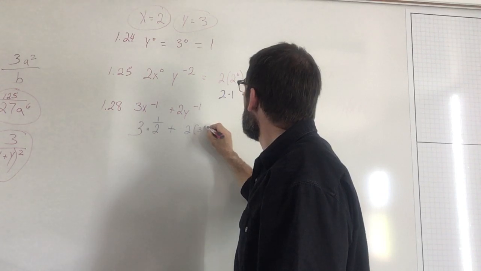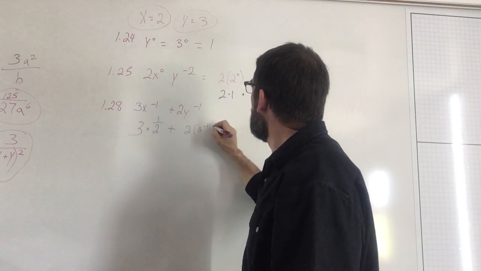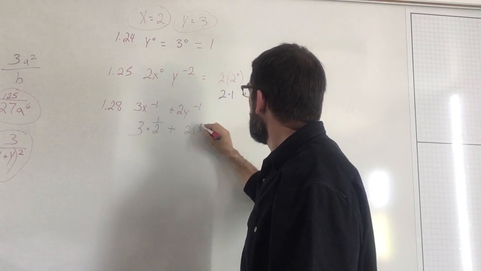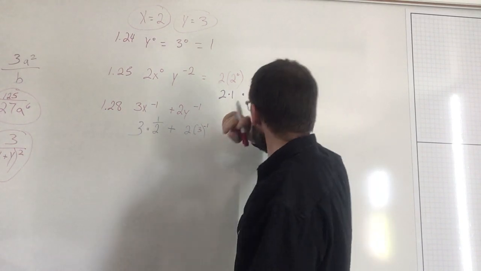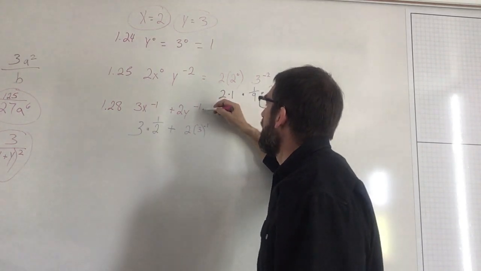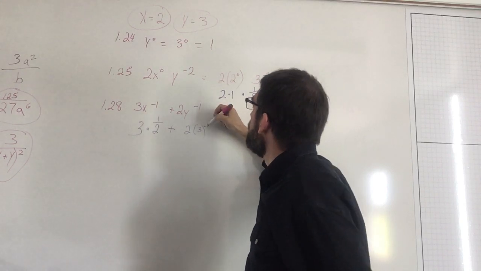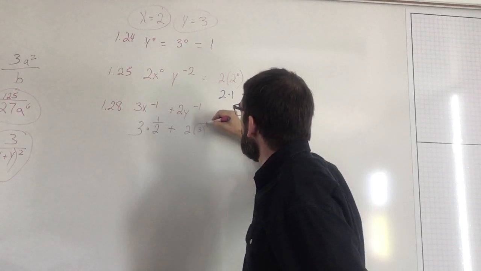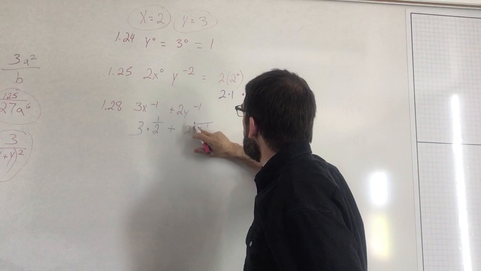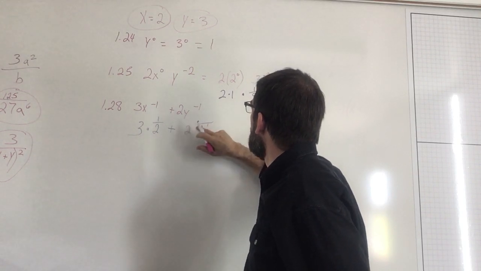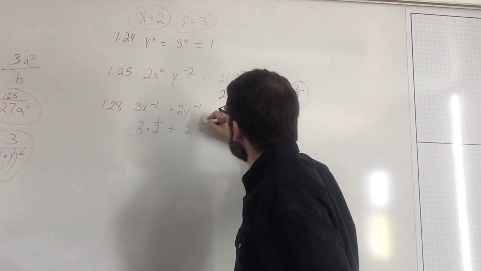So we got 3 to the -1, and again we're going to put a 1 above here. We're going to erase this, and that's 2 times 1/3.